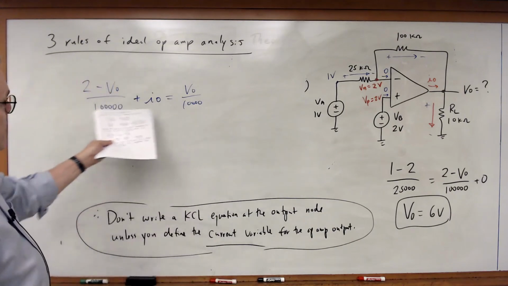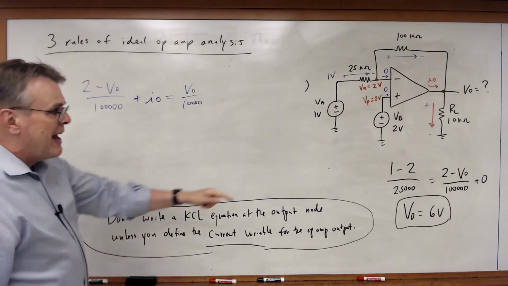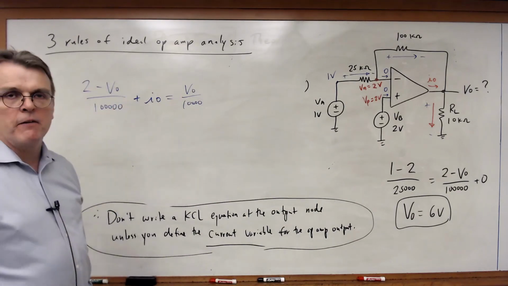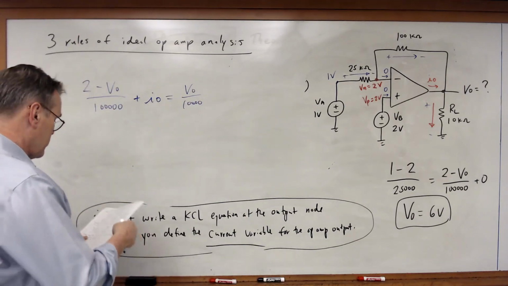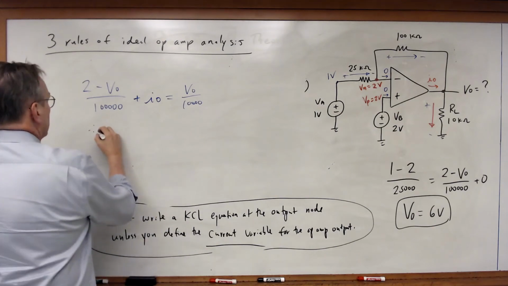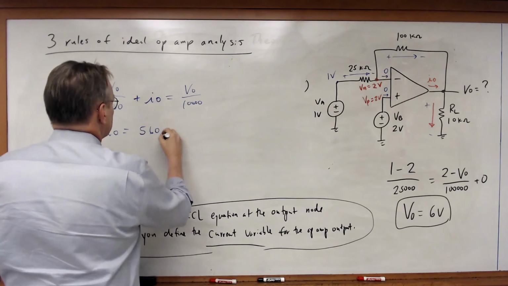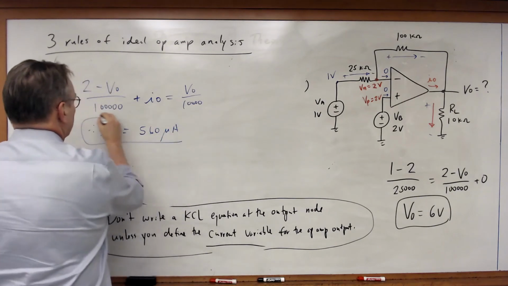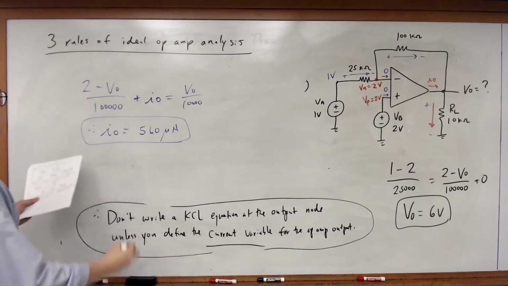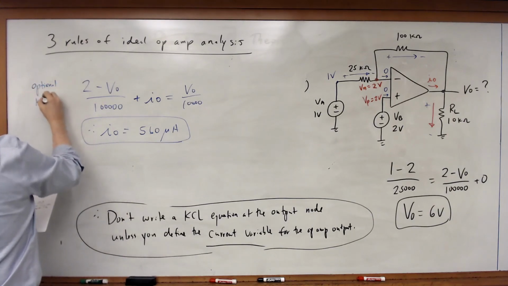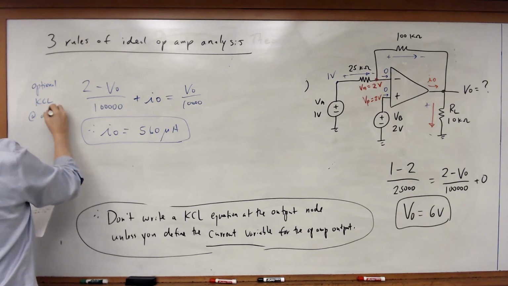So I can now take this equation. Notice I've added a second KCL equation, but I've also added a second variable. Now if I solve this, I sub O will be equal to 560 microamps. So once again, this is optional KCL at a defined node.